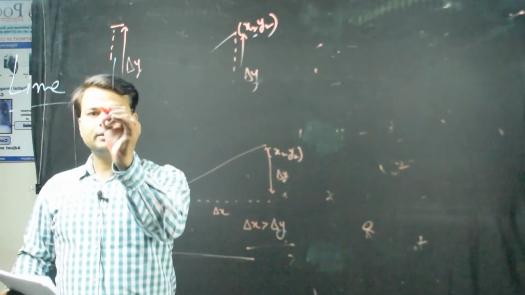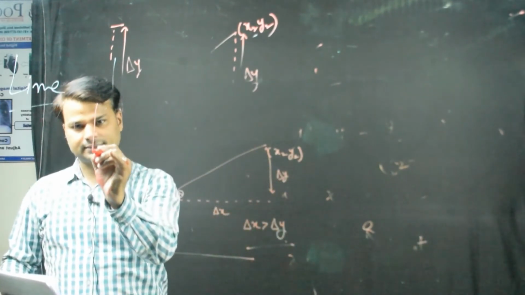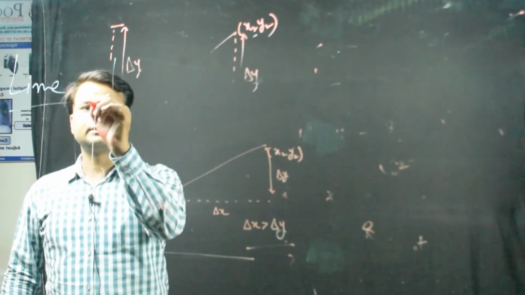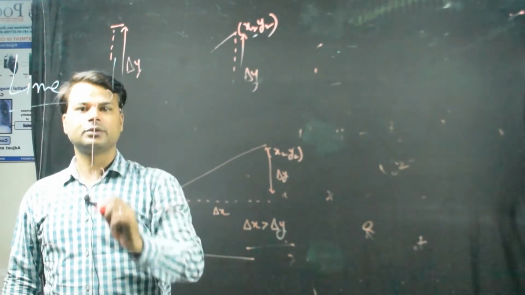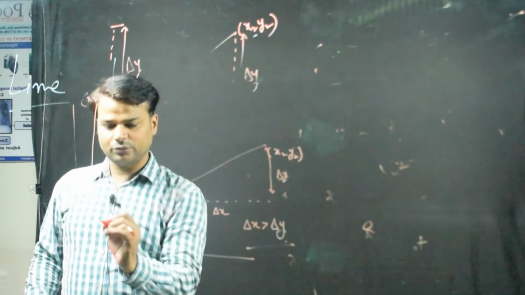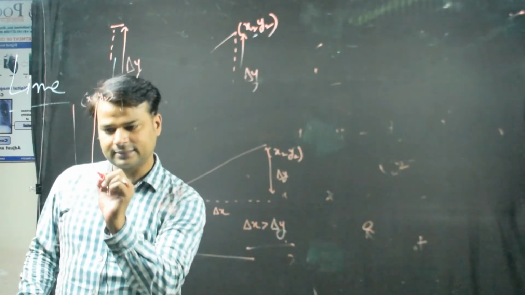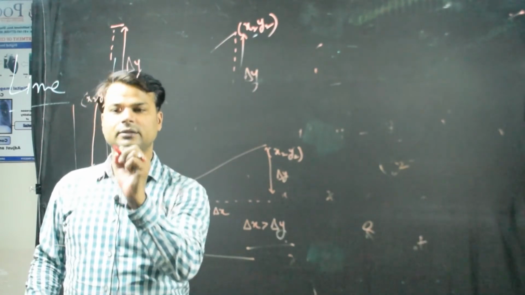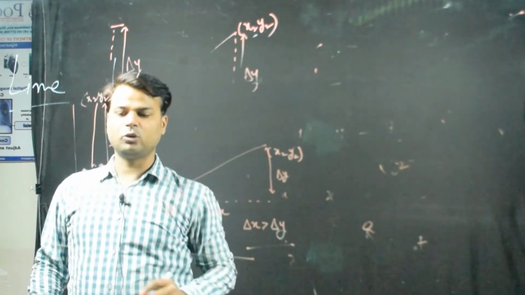Second scenario can be a line like this. This can be my x1, y1, this can be my x2, y2. In this particular scenario, my delta x is small and my delta y is more than delta x.